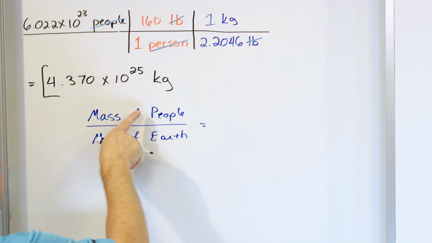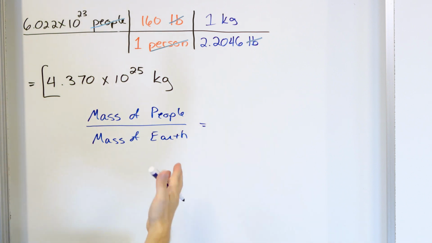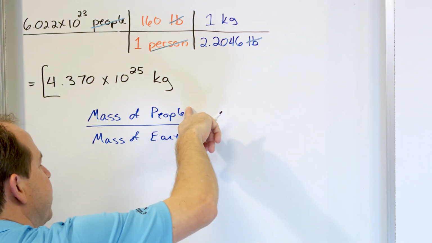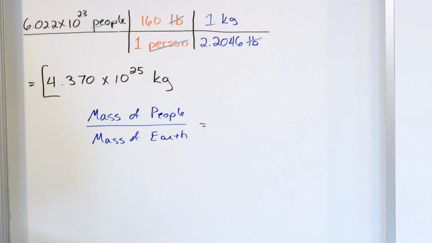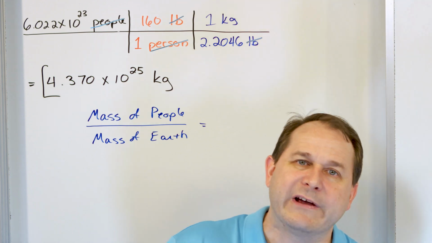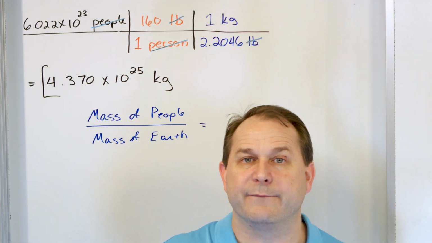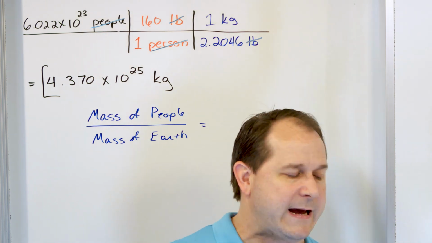If the mass of the people were exactly equal to the mass of the Earth, for instance, then we would get a number of 1, and we would know they would be exactly equal. If the mass of the people were exactly double the mass of the Earth, we would get a number of 2. So by taking the ratio, we can see, is it 2 times as big? Are they equal? Are they 3 times as big? Is it 4 times as big? Which one is bigger and by how much?